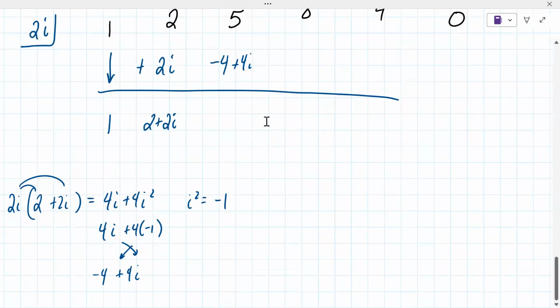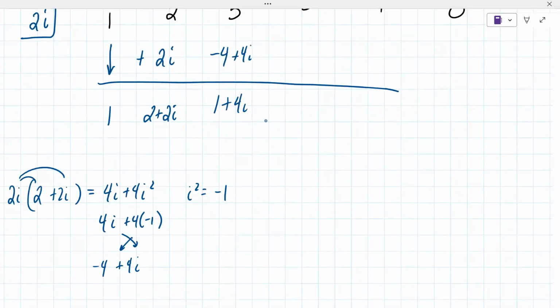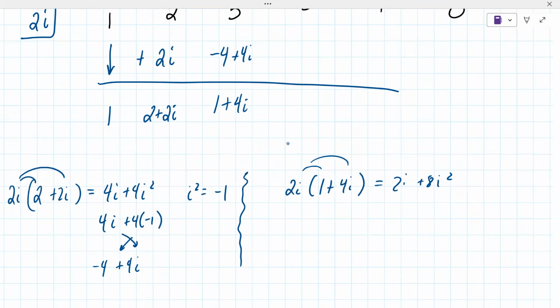And then you're adding vertically, so this time you get 1 plus 4i. And then unfortunately you have to do the same thing. You have to take this 2i that's in the box times the 1 plus the 4i. So you're distributing in, which is 2i plus 8i squared.